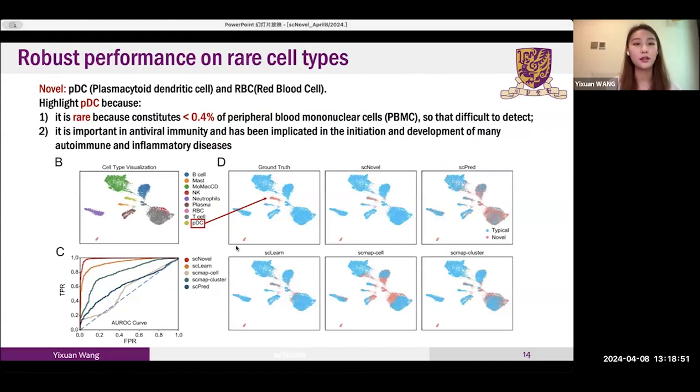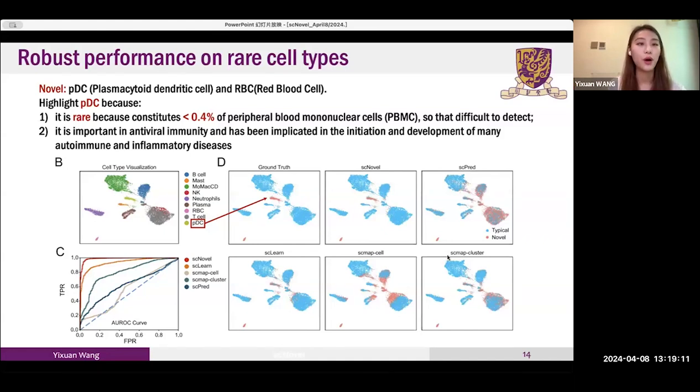When the number of the novel classes, which we denoted as scNovel, is set to 2, scNovel has the best novel real cell detection performance on the Zillions dataset. So in this dataset, PDC and RBC, these 2 cell types, are set to be novel.